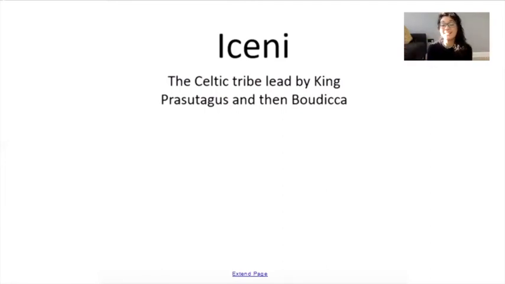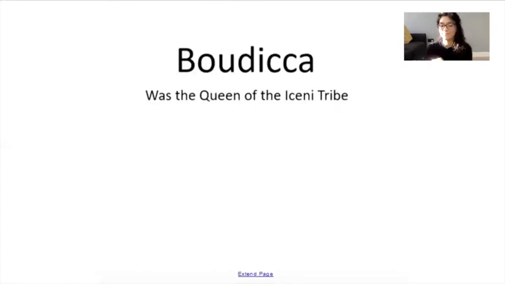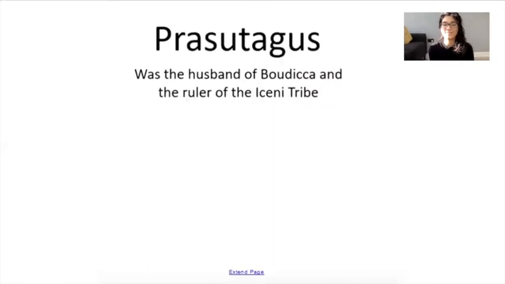This was the Celtic tribe led by King Prasutagus and then Boudicca. Boudicca. She was the queen of the Iceni tribe. Prasutagus. Prasutagus was the husband of Boudicca and the ruler of the Iceni tribe.